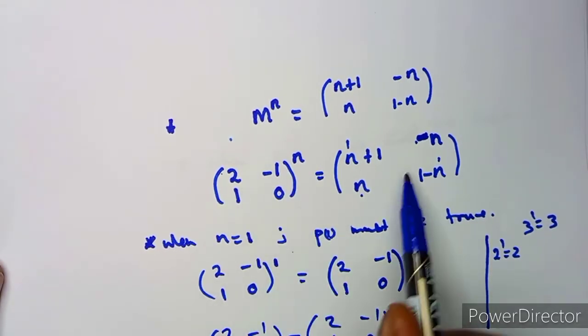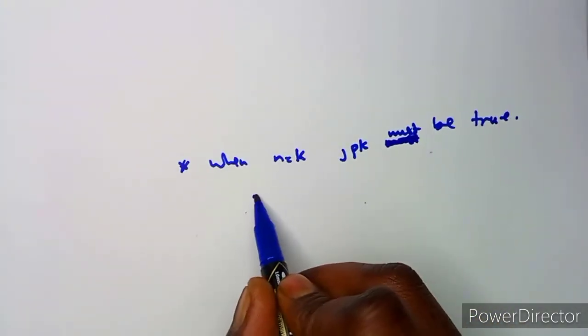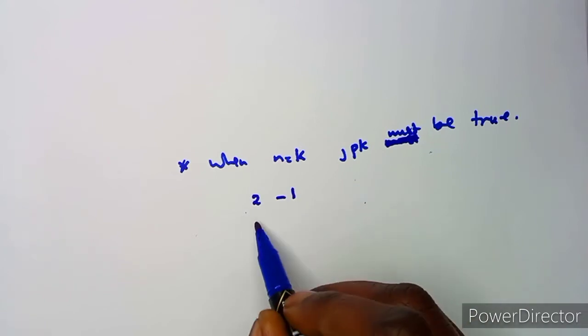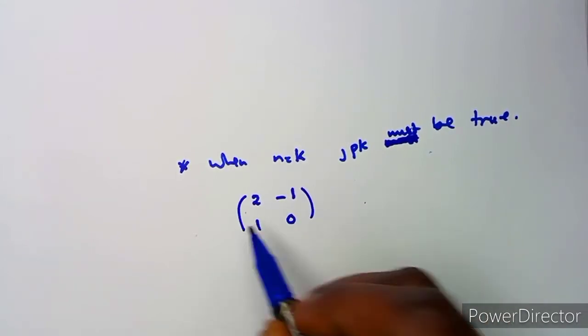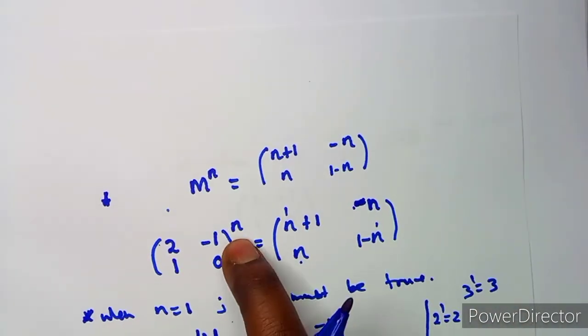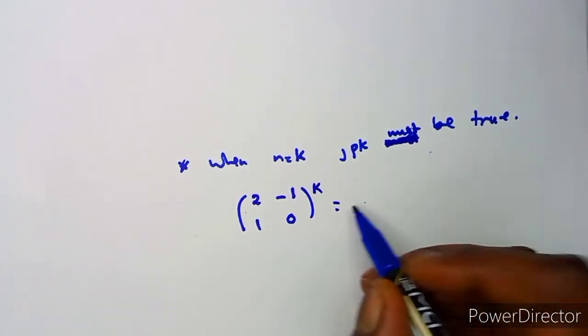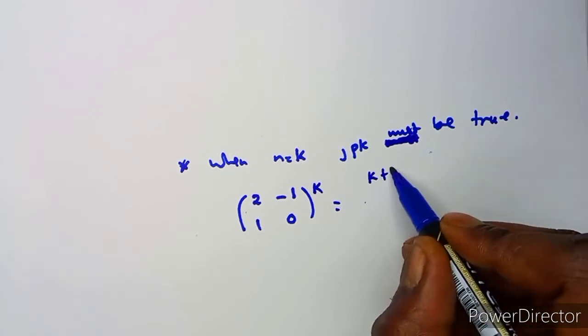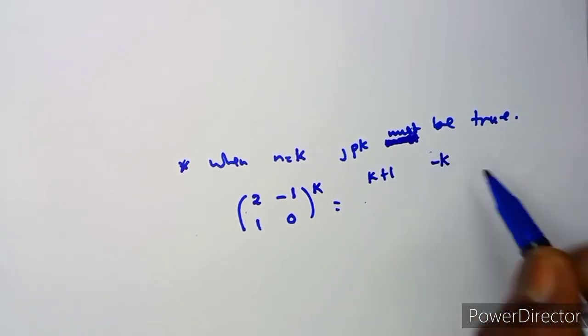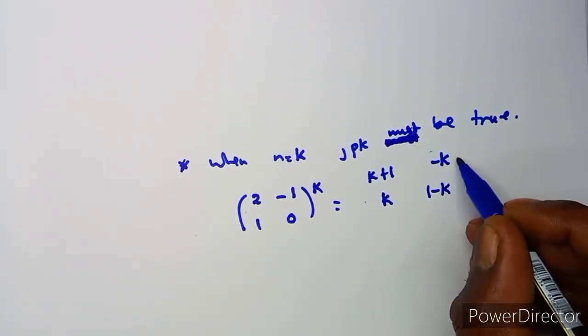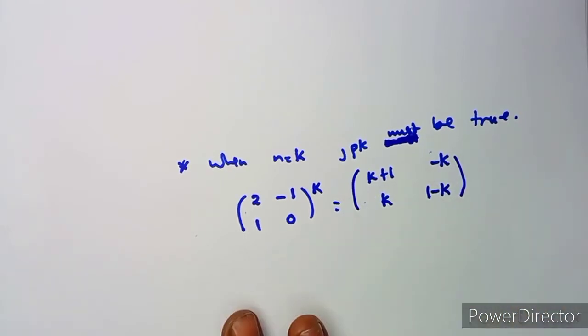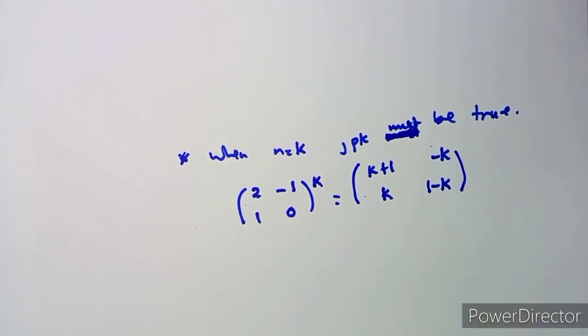We have the matrix 2, minus 1, 1, 0 to the exponent of k, and in place of n we just substitute k everywhere. That's going to be k plus 1, minus k, k, and 1 minus k. That's what we have, and we are saying that it must be true.